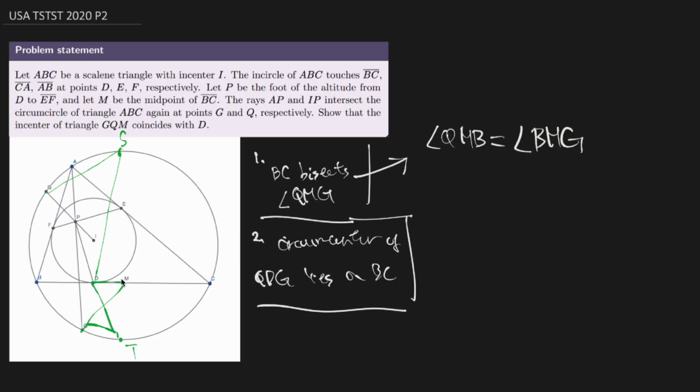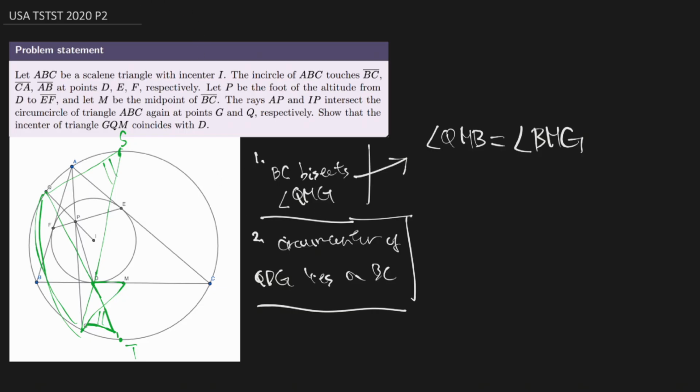So now we just want to show that these two angles are actually the same. But we know that SDG are collinear and DTQ are collinear. So if we extend this, we see that these two angles are actually the same because they just correspond to this arc QG. Therefore, if we prove our assumption, then we have proven our first condition, which is that BC bisects angle QMG.